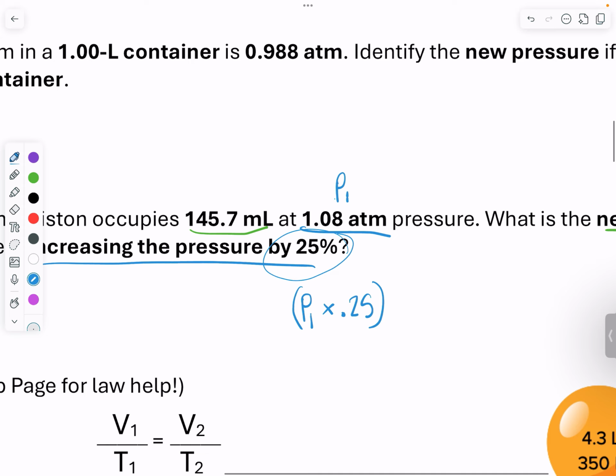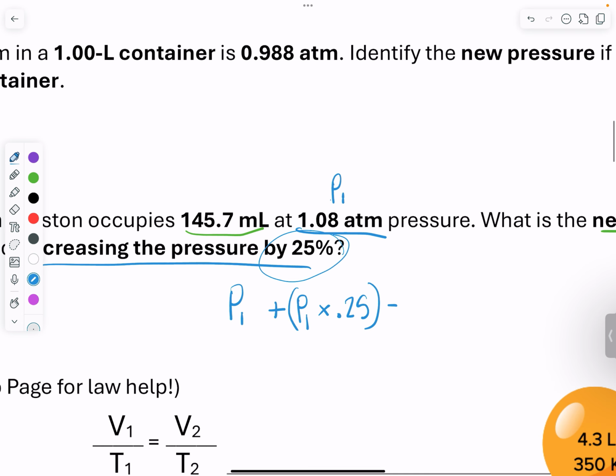We're going to add to our original P1 that number times 0.25, and that will equal the number we're trying to find that goes right here, and that will be our P2. So really, this equals P2. So P1 plus P1 times 0.25 inside parentheses equals P2. So there we go. We've got that going.